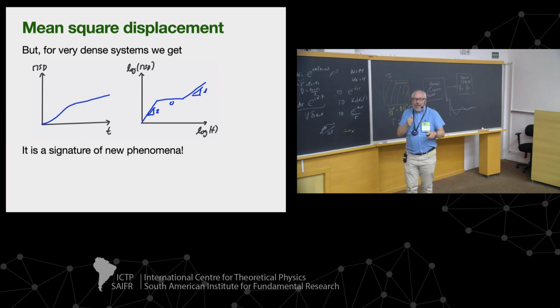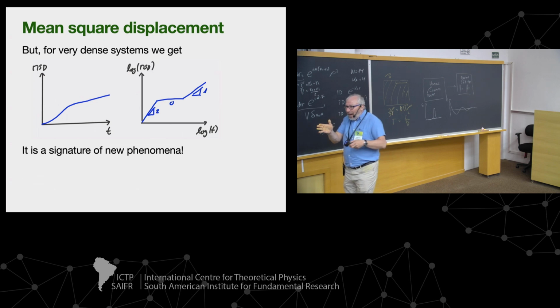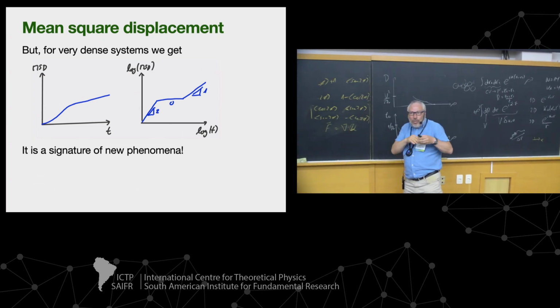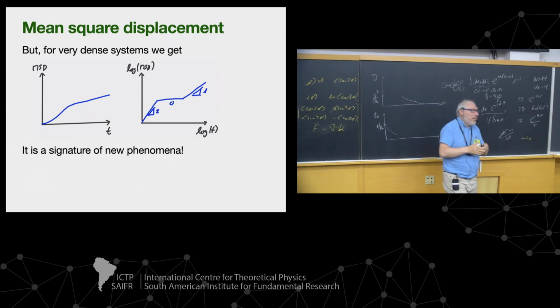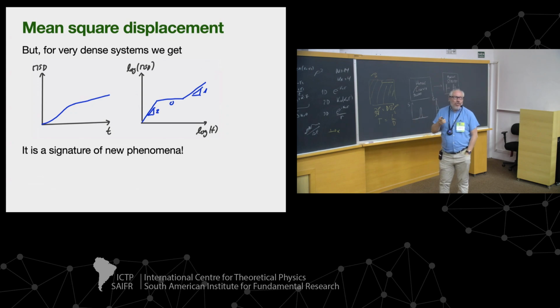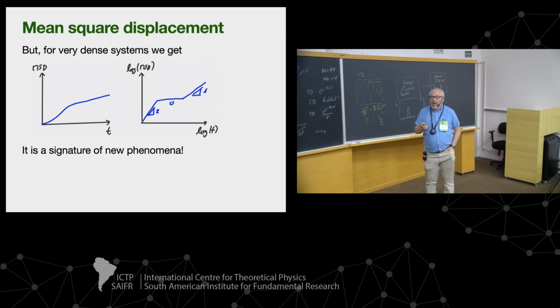It's not that they stop, and then when the cage opens, continue moving in the same direction. In that case, it would continue being ballistic. Normally, it changes direction in between, so you get something that is diffusive. So the MSD is going to tell you a lot about what's going on in the system.